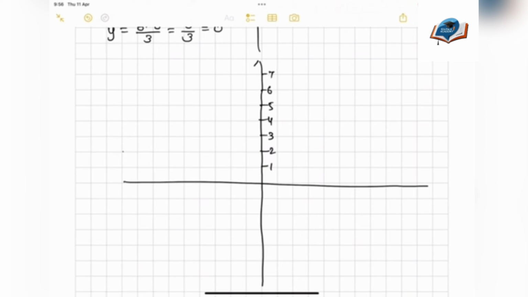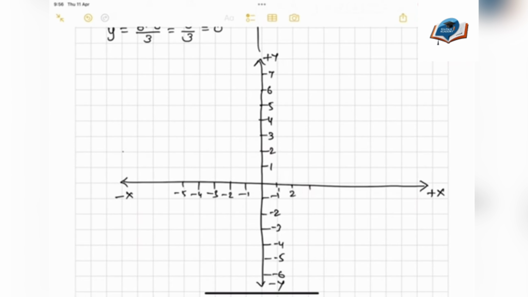I am taking the x and y coordinates and I am marking them 1, 2, 3, 4 like that. And then we will be plotting both the equations in that. So that is the plus y axis, and the lower one is the minus y axis: minus 4, minus 5, minus 6. Same way, I am taking the positive x-axis, and that will be my negative x-axis.